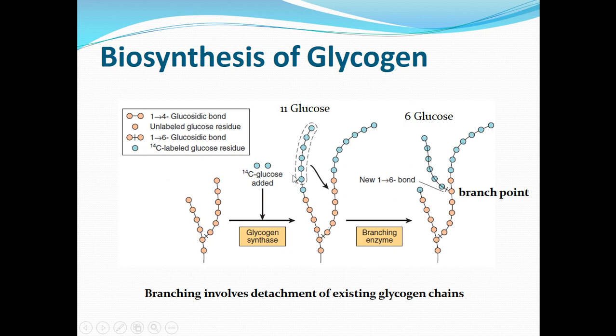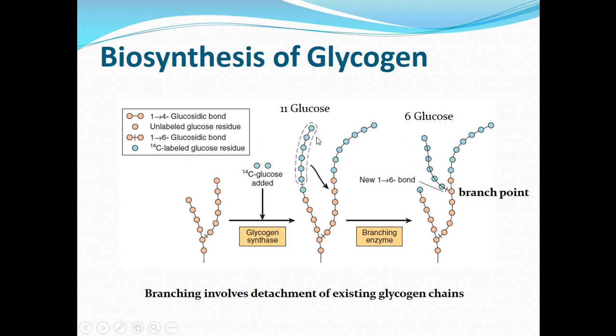We have discussed how this glycogen synthase forms the straight chain. When a growing chain is at least 11 glucose residues long, we can count 1, 2, 3, 4, 5, 6, 7, 8, 9, 10, 11.